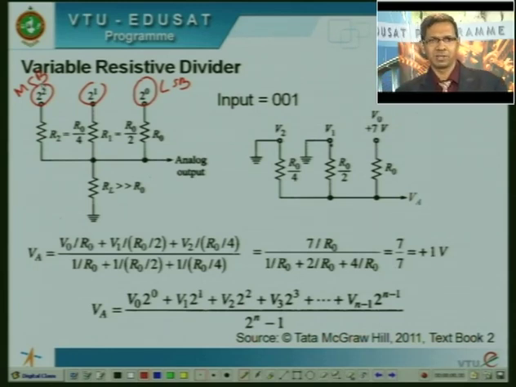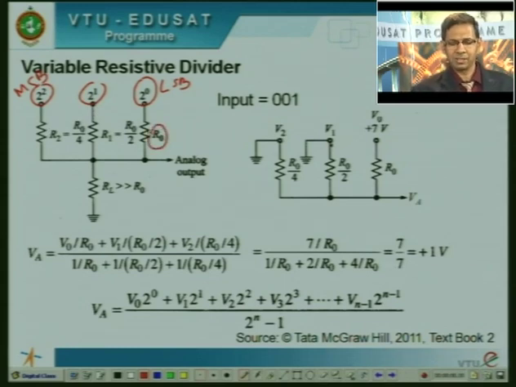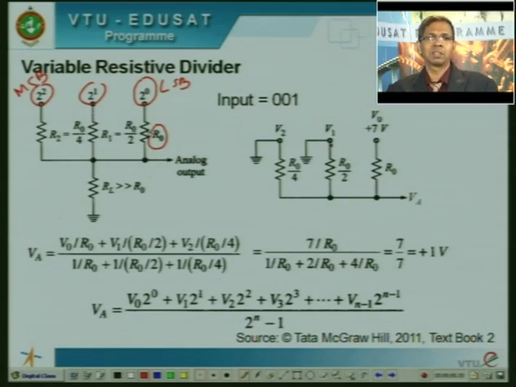Now how are these resistors connected? Now these resistors are all connected in parallel. Okay. And how are the values taken? If the value of the first resistance, let us say it is R0, so the LSB will have the largest resistor, which is R0. The second LSB, the one to the left of LSB, is going to have the resistance which is half that of LSB.